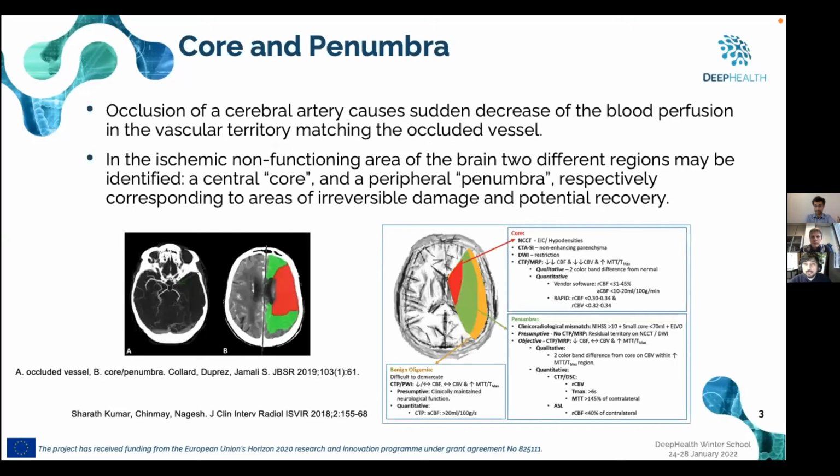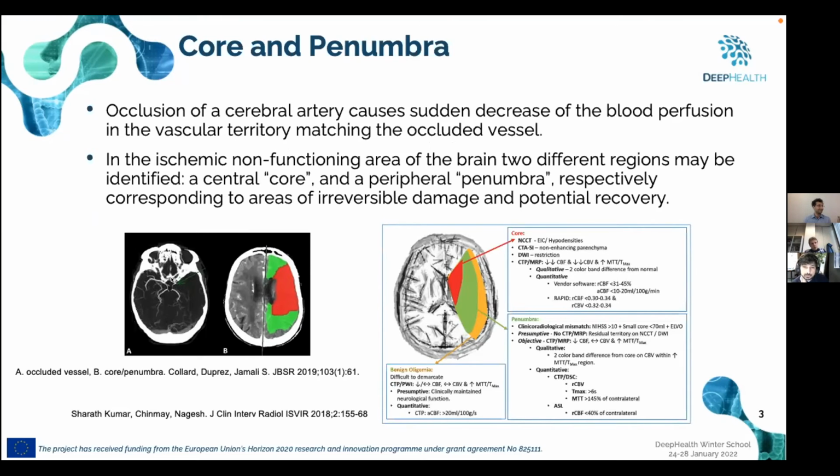Basically, we have an occlusion of a cerebral artery. You can see here, you can see my mouse, the green arrow in the regular CT, the green arrow on figure A. You can see here there is an occlusion.